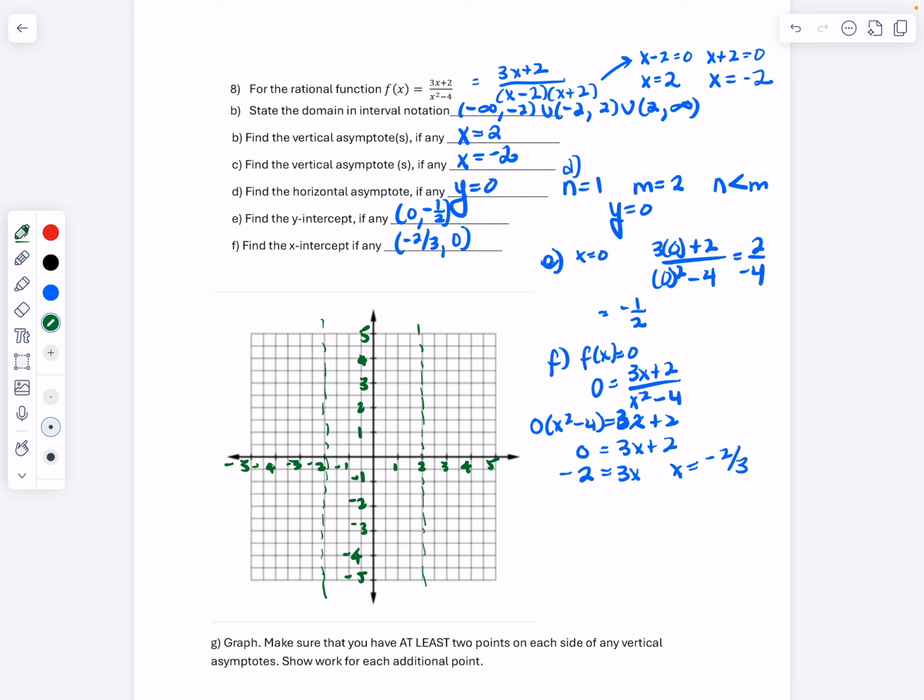Okay, y equals 0 is right here. So this time around we have 3 regions. So let's put in what we know. 0, negative 1/2. We know that point, so I'm going to go ahead and plot that. I know there's another x-intercept at negative 2/3, 0.